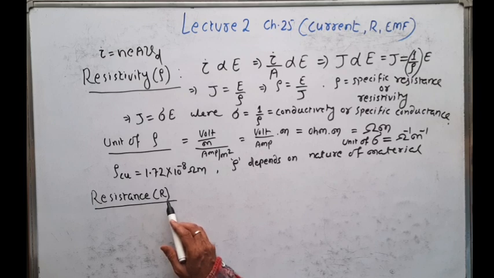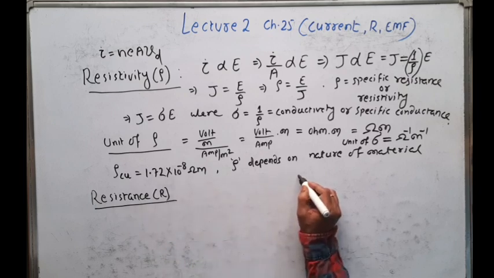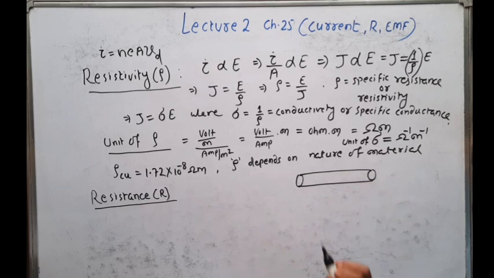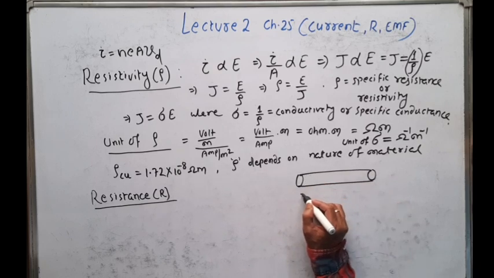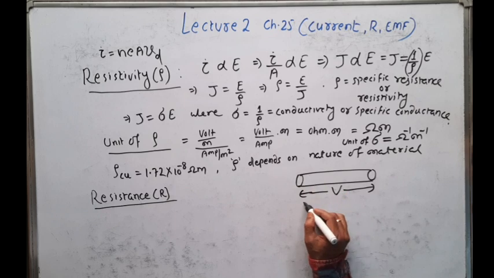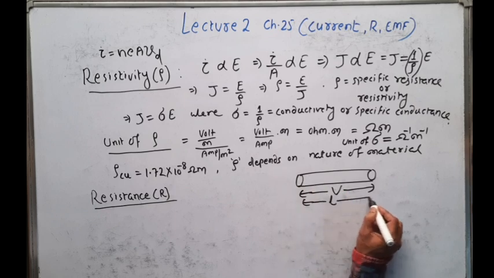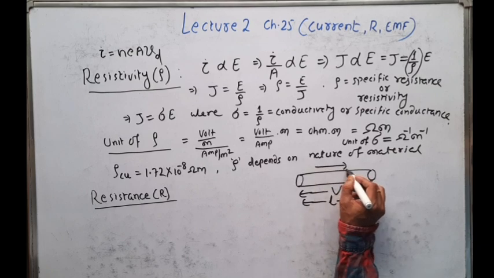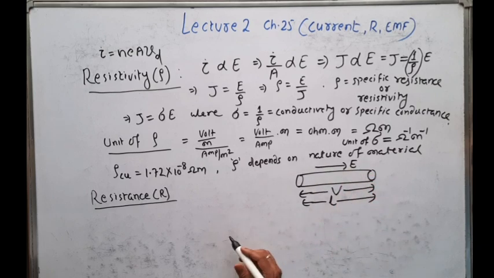Now come to resistance. Suppose you take a conductor, and we are maintaining a potential difference of V across the two terminals of the conductor, and the length of the conductor is L. Due to this potential difference an electric field E is developed in the conductor.